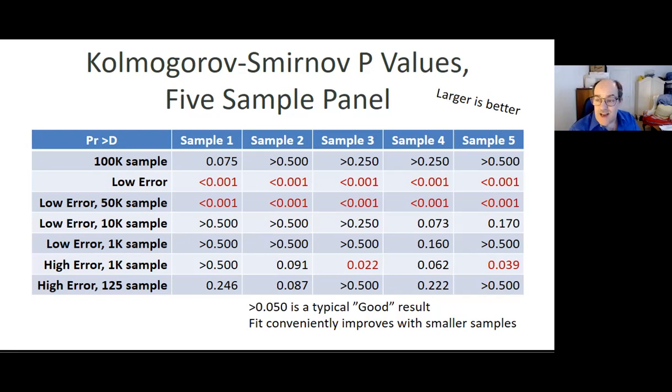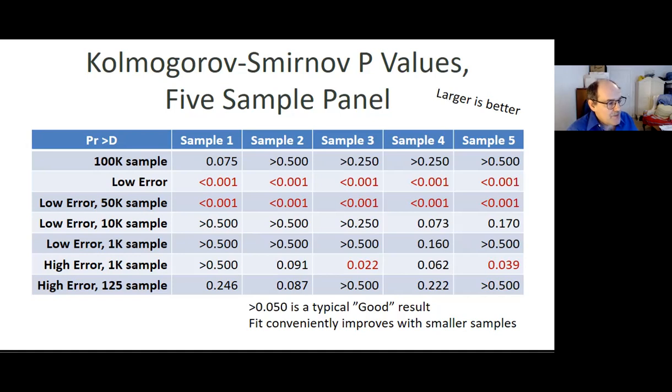And then I reduce the sample size. So let's go to 50,000 values. And we still don't pass. But then I drop to 10,000 values. So this is the same distribution and the same error function. And I drop the sample size to 10,000 values, and they all pass.